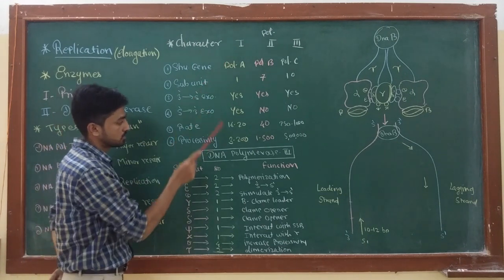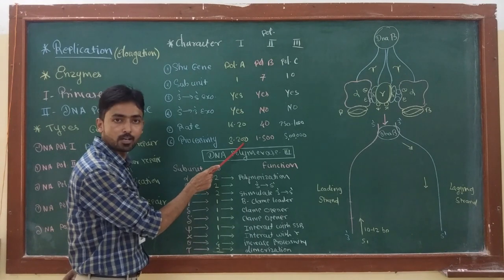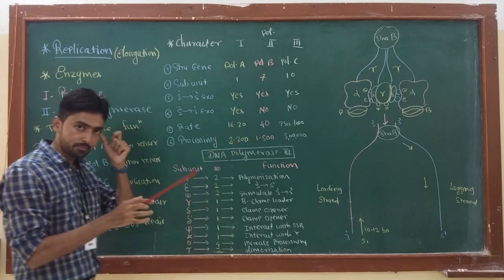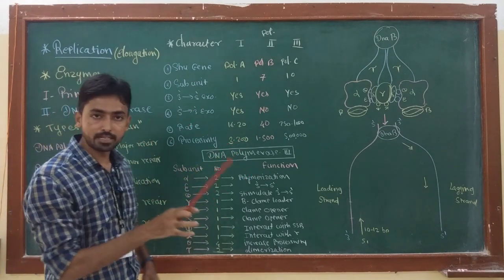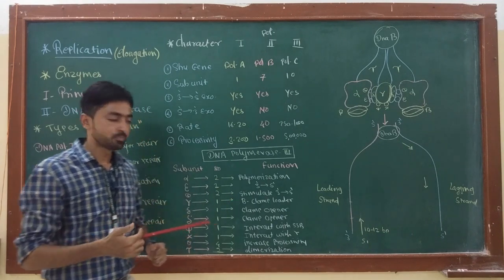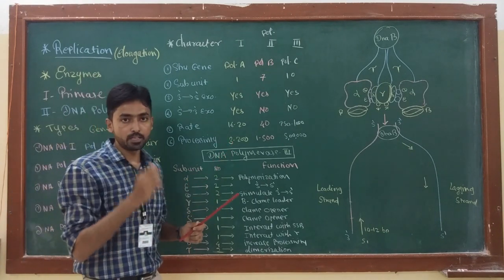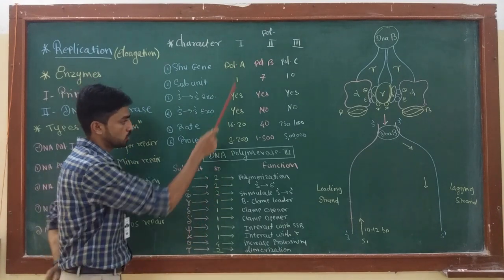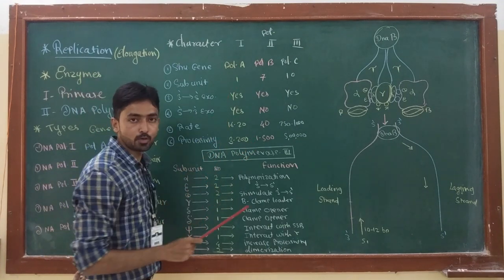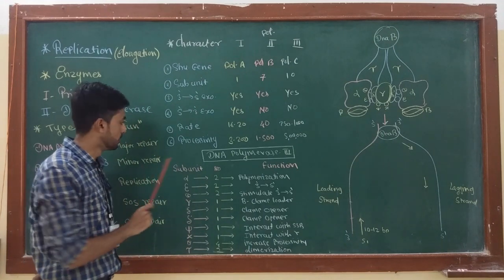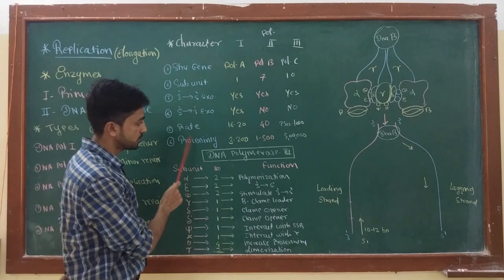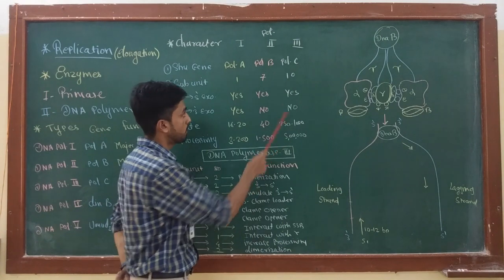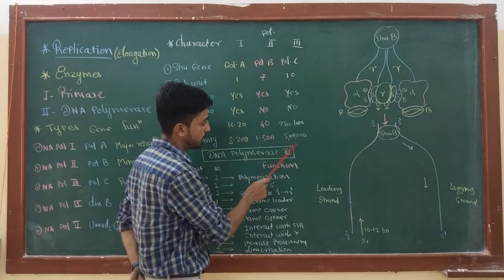DNA polymerase 1 has a processivity of 3 to 200 nucleotides. That means once DNA polymerase 1 is bound to the template strand, it can add 3 to 200 nucleotides in one turn. Then it can fall off. DNA polymerase 2 adds 1 to 500 nucleotides in one round, while the highest processivity is shown by DNA polymerase 3, which is 5 lakh.